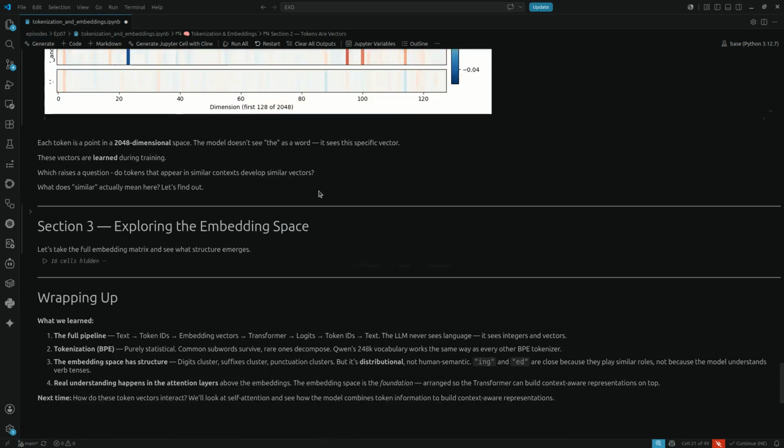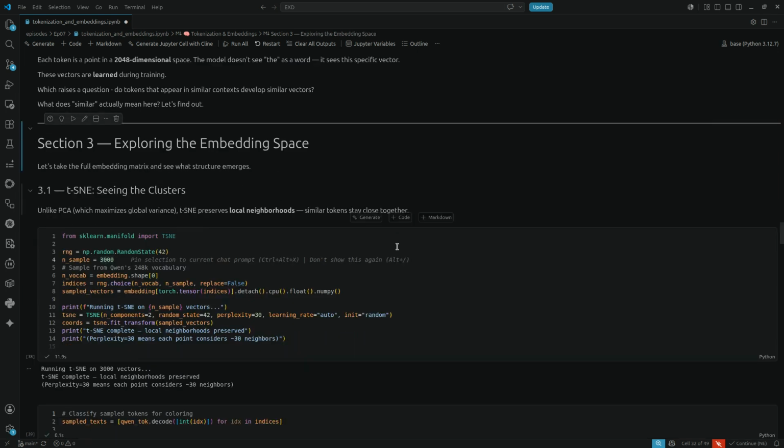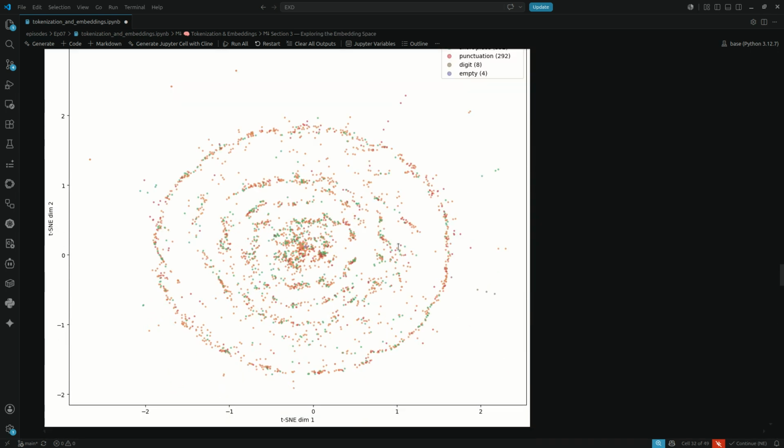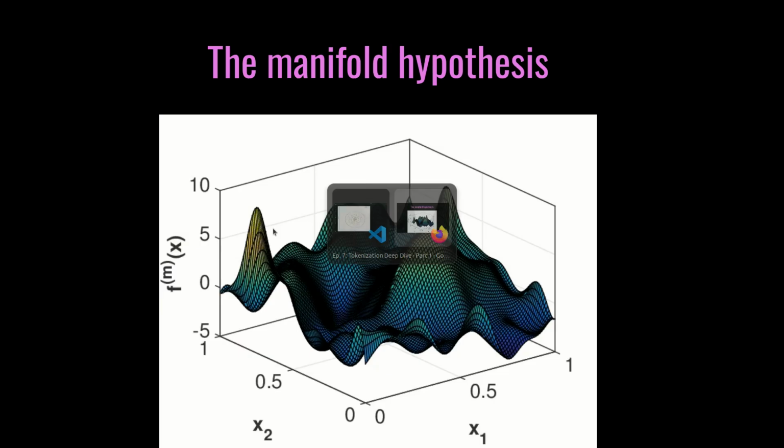Very cool. Then we did some explorations of the embedding space. We saw that because we can't look in 2048 dimensional space, we projected it down to 2 dimensions, and we got a sense that yes, actually the points are distributed on something that kind of looks like this. In fact, a high dimensional sphere, a completely connected surface where language can move from one place to another.